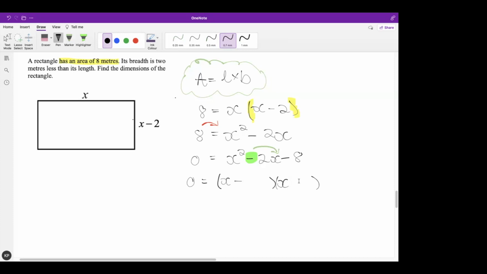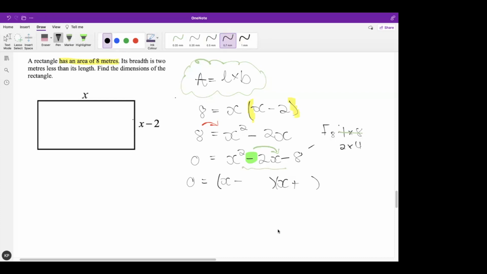So then what is my symbol for the next bracket? It is a positive. So what are my factors of 8? 1 times 8, 2 times 4. Which ones are we going to use here? 1 times 8 is definitely not going to give me 2. Negative 2, right?